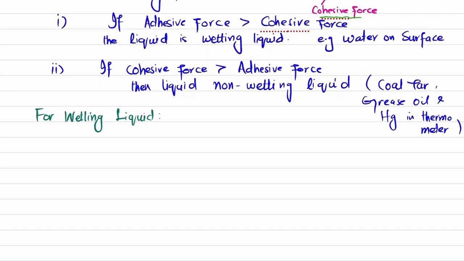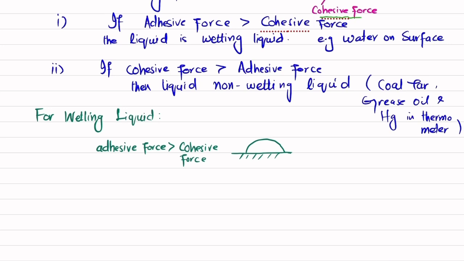If you put water on a glass interface, due to adhesive force being greater than cohesive force, this water will expand over this surface. Clear? So how will we observe whether this water is a wetting liquid or not?